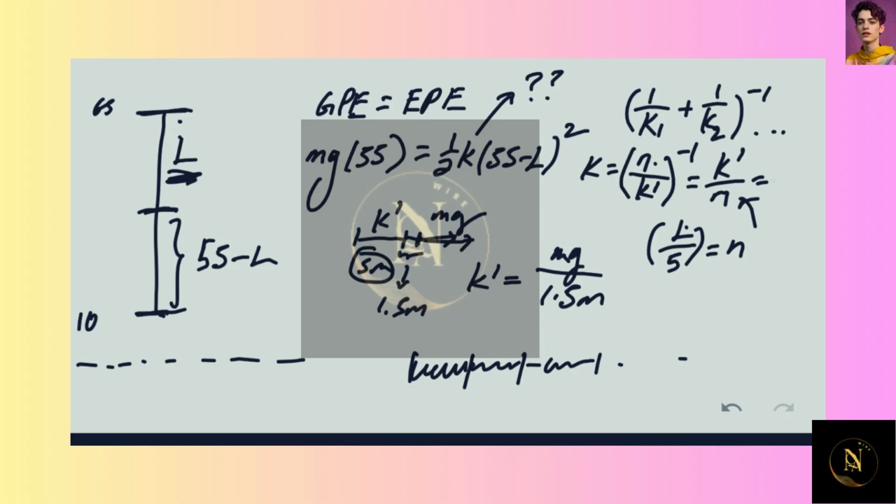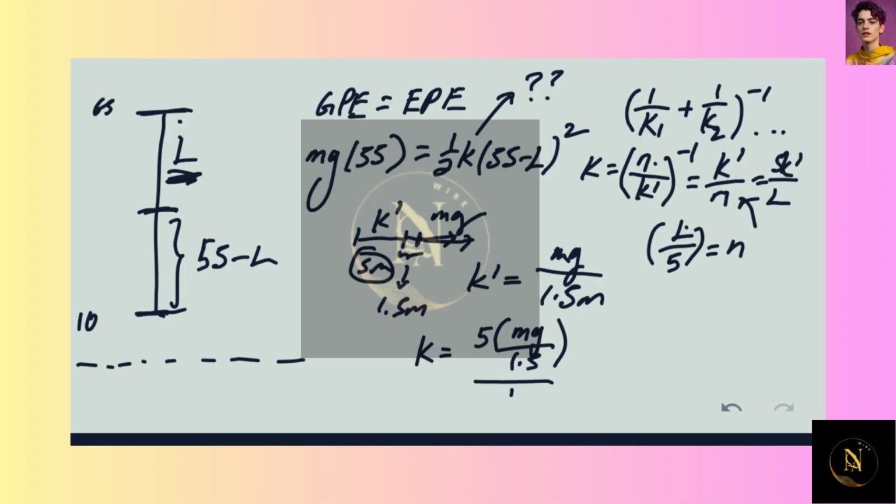So putting that into this expression, this would be k prime times 5 over L. So the spring constant k can be written as 5 times mg over 1.5, divided by L.